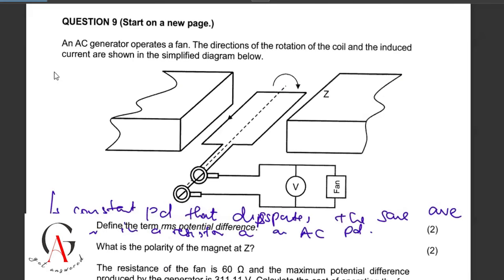Okay, so it's the constant or equivalent potential difference that dissipates the same amount as the AC.